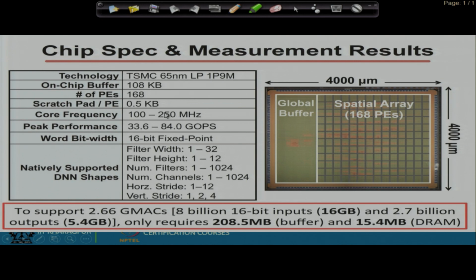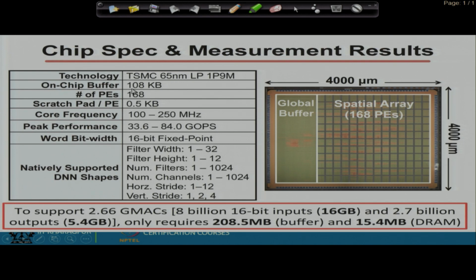This is the chip developed based on the technology I described: the ALU has local memory as well as global memory, the ALUs are interconnected to each other, and after that they have the DRAM access. The specification of this IC is that it is developed in 65 nanometer technology.